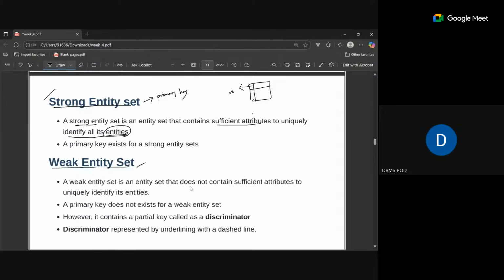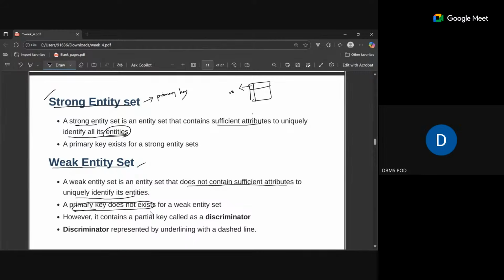Its definition itself says it does not contain sufficient attributes, because a primary key can be one or more attributes together. You have studied various types of keys, which will be detailed in week 5. So it does not contain sufficient attributes to uniquely identify its entities. That is called a weak entity set, which implies that a primary key does not exist in a weak entity set.